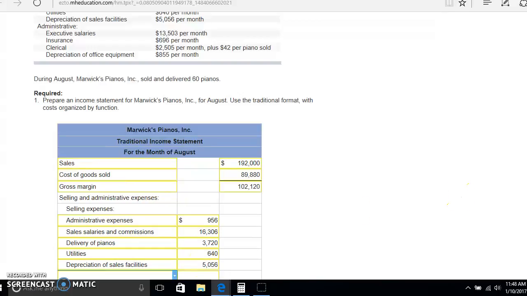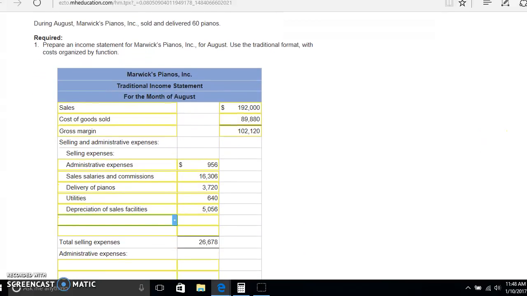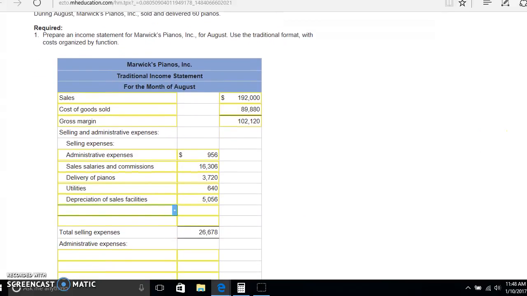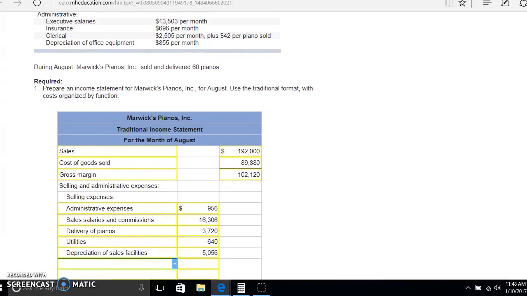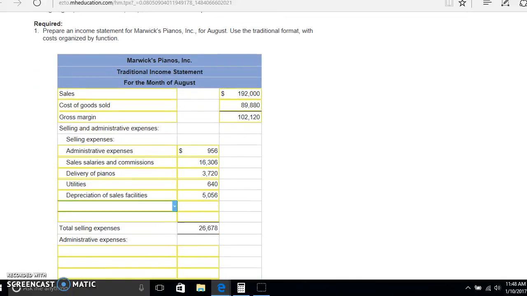Okay, so that looks like all of our selling expenses, and it was nice enough to add those up for us. So then let's talk about our administrative expenses. So the first one that we're going to have is executive salaries, and I don't think I'm going to be able to keep this one on the same page. That's kind of a bummer.